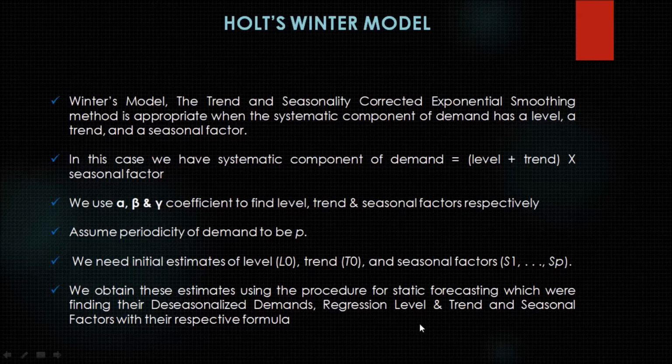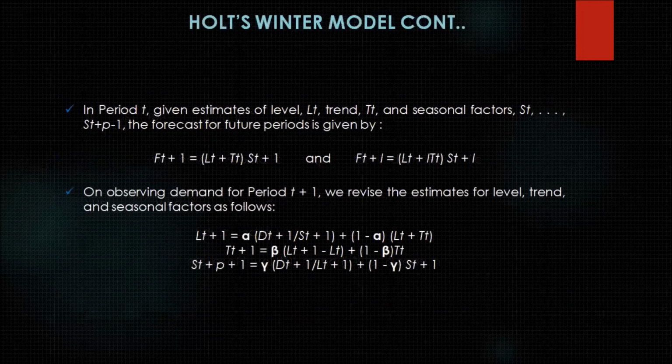Let's assume the periodicity of demand to be P. We need initial estimates of level, which is L0, trend, which is T0, and seasonal factors, which are S1 to SP. We obtain these estimates using the procedure for static forecasting, where we find the deseasonalized demand, regression for level and trend, and seasonal factors with their respective formulas.